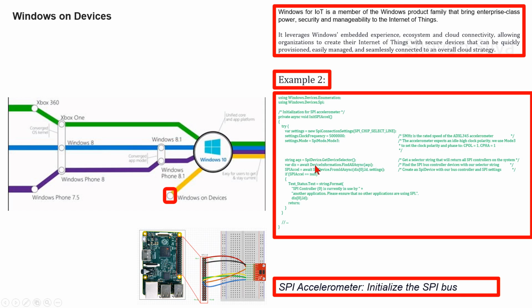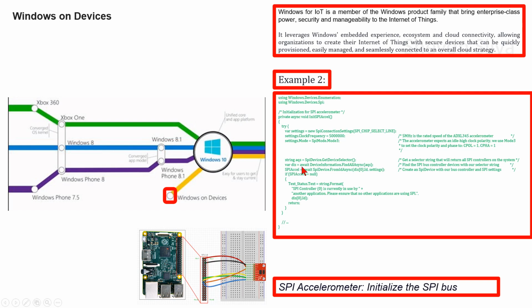Next we get selector strings for all SPI controllers on the device and use that to find all SPI bus controllers in the system.